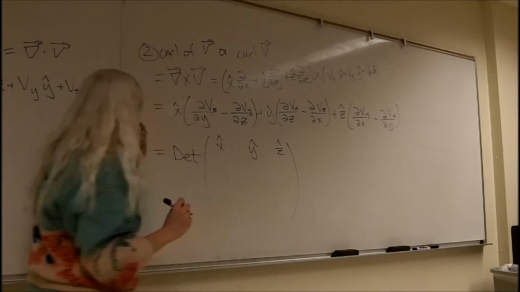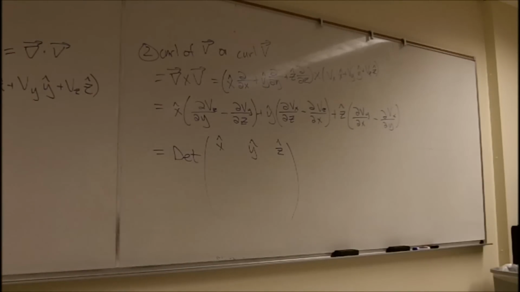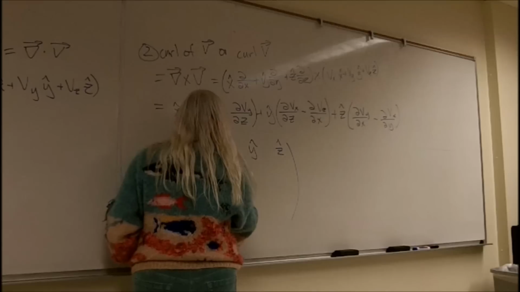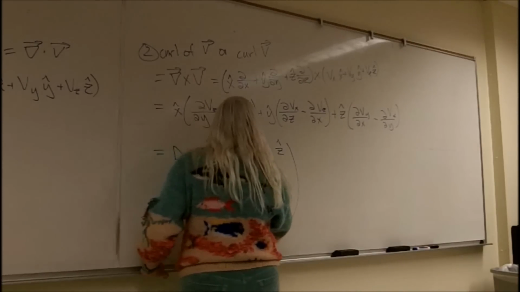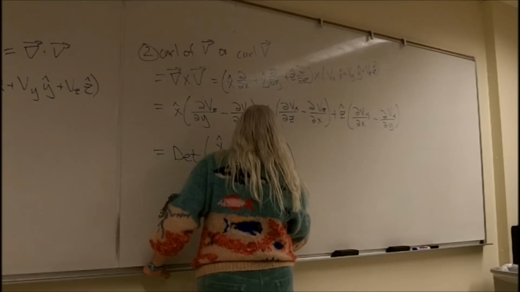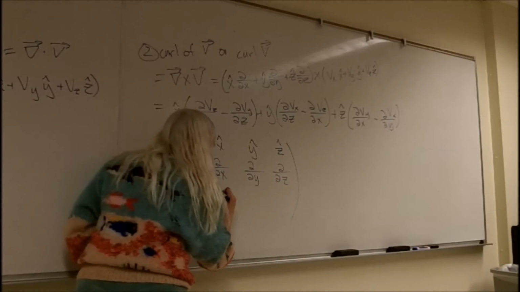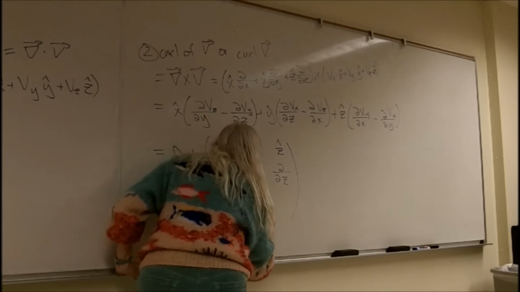You put the components of the del operator, in other words, the x component is a derivative with respect to x, the y component is a derivative with respect to y, the z component is a derivative with respect to z, across the second row. And then the components of the second vector in the cross product, namely v, across the third row.